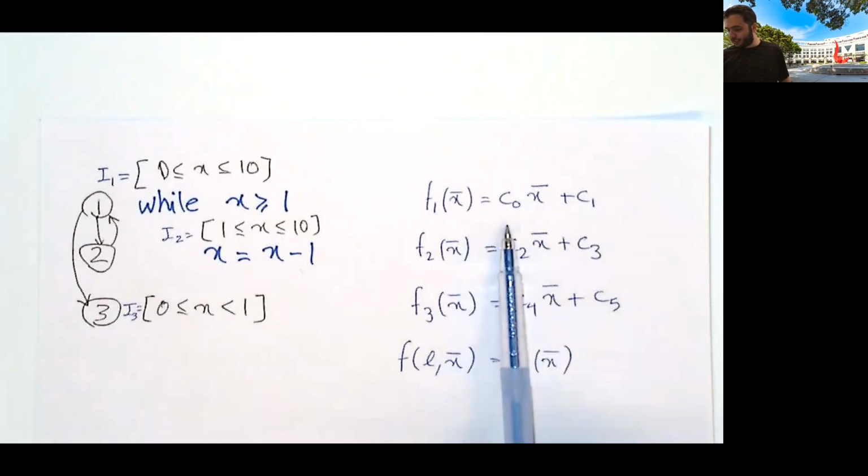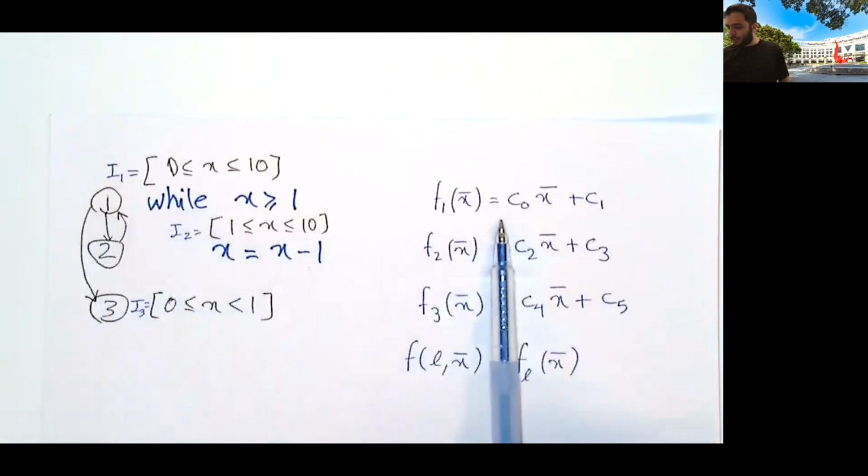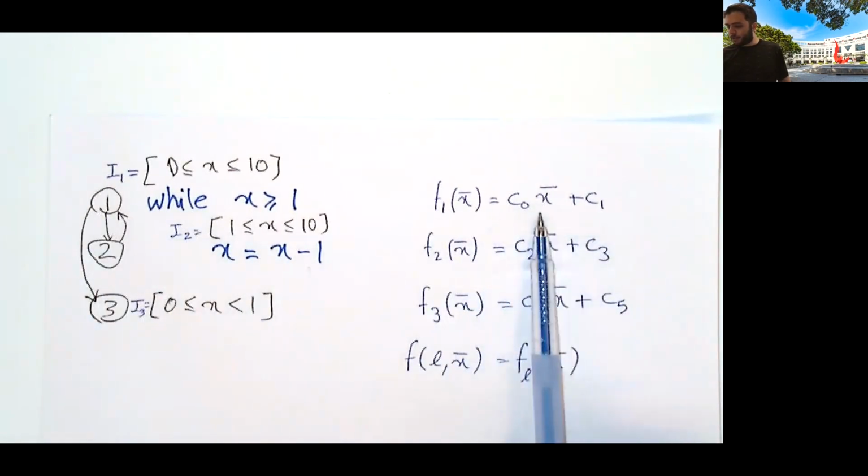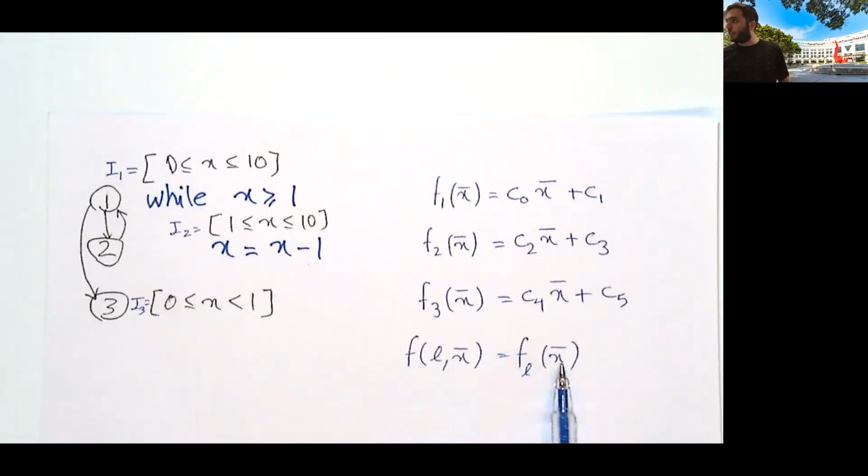So we set up this kind of template for the ranking function. At line 1 of our program, the ranking function is C0 times the value of x plus C1, and so on for the other lines. I basically use these two different notations interchangeably. So I either write f of Lx or fl of x.